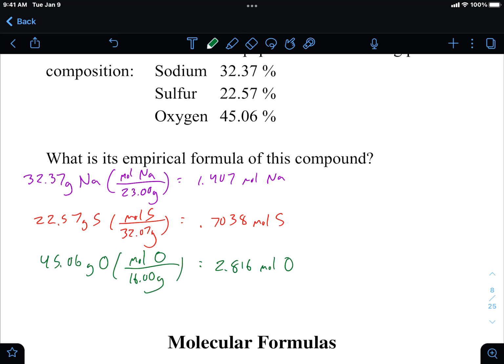And at the end of the day, hopefully you end up with a formula that makes sense based on what you know about formulas and charges.